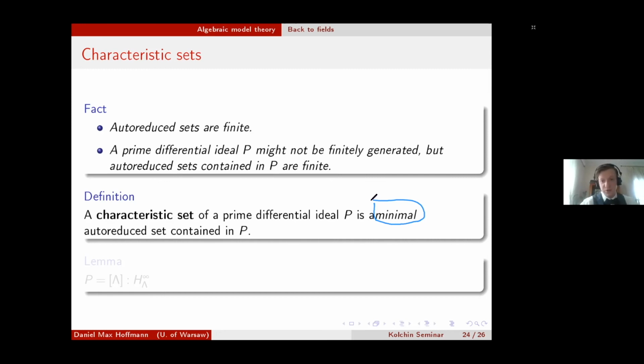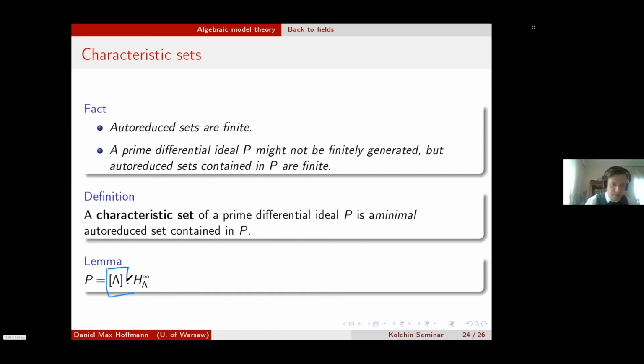You order in some way the auto-reduced sets and you choose the minimal one of them which is contained in P, and that's the characteristic set. So if you have a characteristic set, then the prime differential ideal P is equal to the quotient. However, here we are not so satisfied.